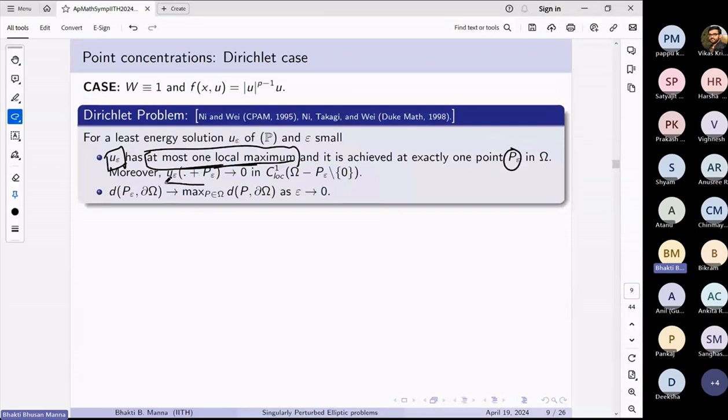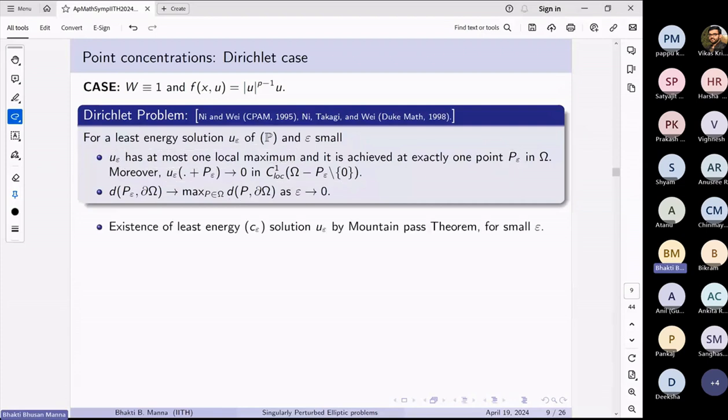Moreover, if we see this condition, this is going to 0 in C1 loc. So there is a strong convergence happening outside that particular point, P epsilon. And as I said, this is a Dirichlet problem, so the distance d(P epsilon, boundary of omega) goes to the maximum of d(P), the distance from the boundary. This is the result which is proved in this couple of papers.